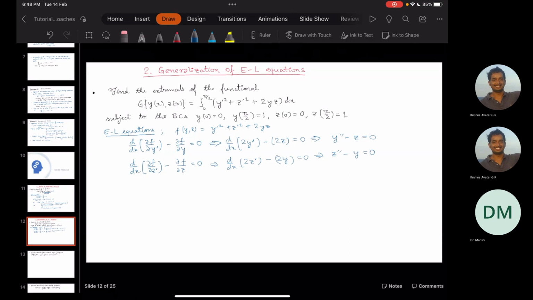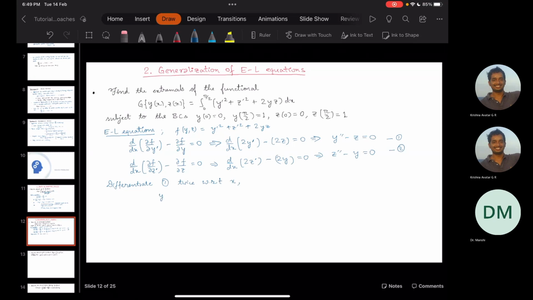But if we could have an ordinary differential equation in just one dependent variable, that would be very convenient for us to obtain a solution. So we take this to be equation 1 and this to be equation 2. We differentiate equation 1 twice with respect to x.